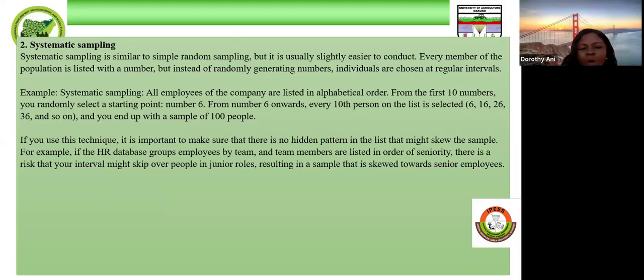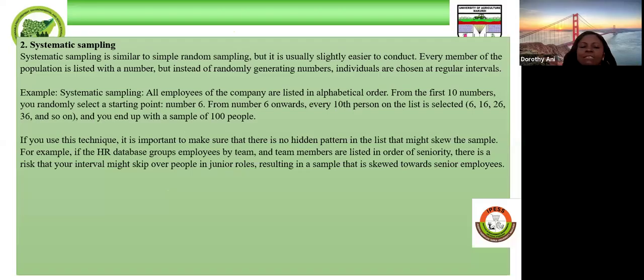Example: all employees of a company are listed in alphabetical order. From the first 10 numbers, you randomly select a starting number, maybe number 6 or number 4 or number 3, any number. From number 6 onwards, every 10th person in the list is selected.